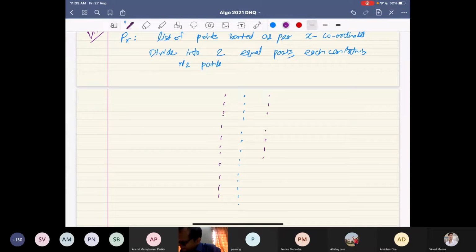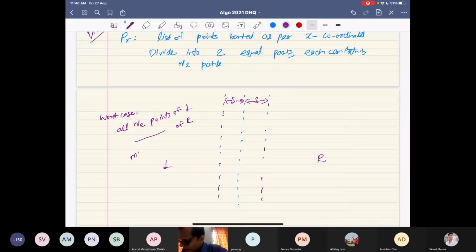So now here we are within delta. And our friend gave a very important information that all the n by 2 points may lie in the strip. So in the worst case, all n by 2 points of L and all n by 2 points of R may lie in the strip.